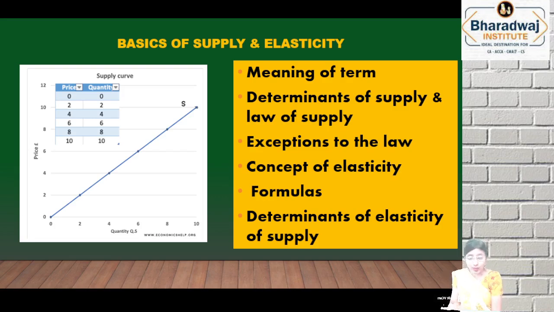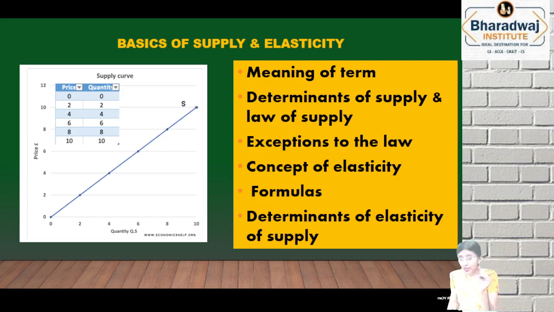Factors influencing supply. Generally people study factors influencing demand, but not factors influencing supply. For example, price of the good in question, price of related goods, advancement of technology. Government subsidy, government taxes, future price expectations. Objectives of the enterprise, whether it is profit maximization or sales maximization.